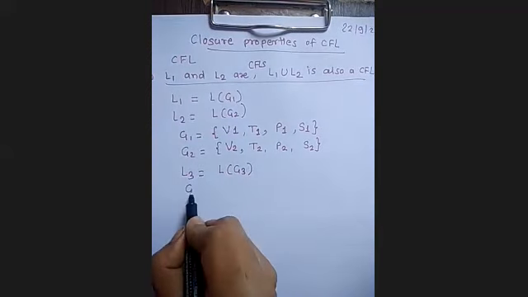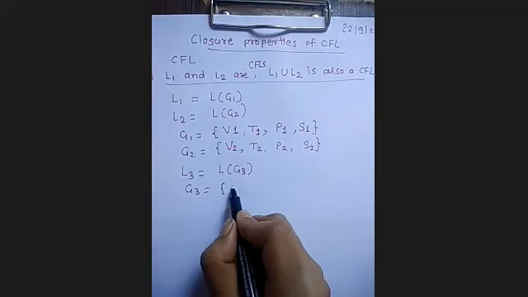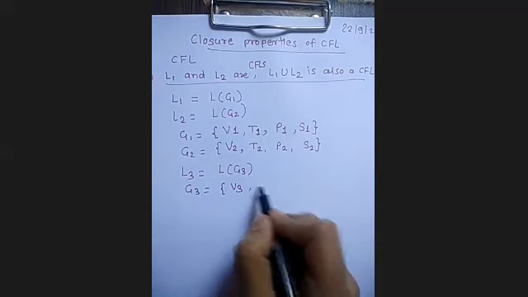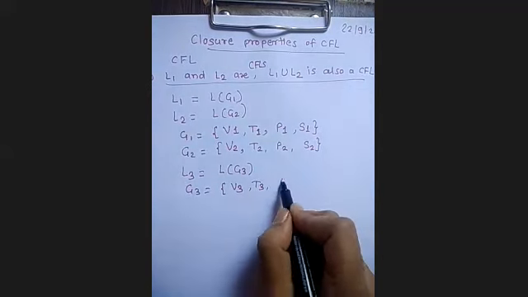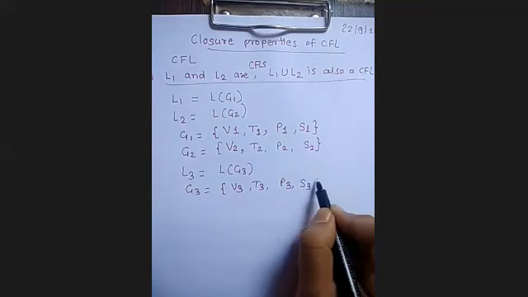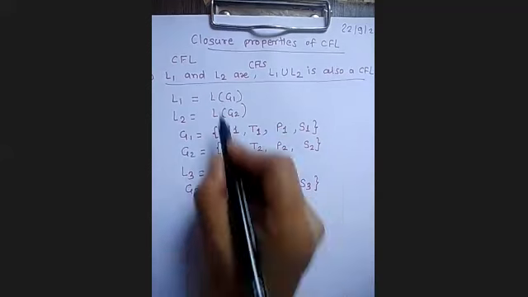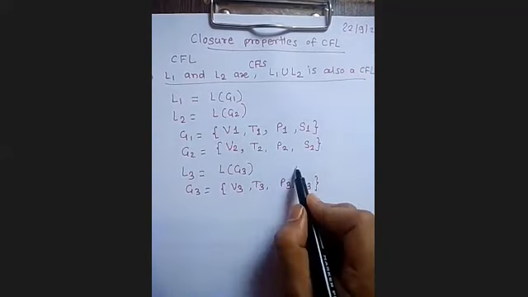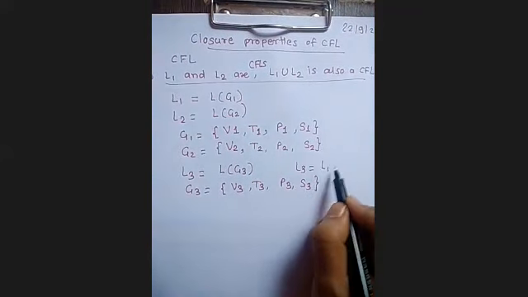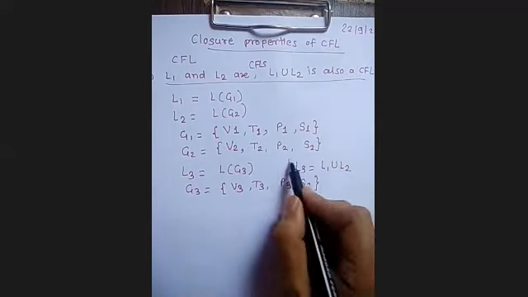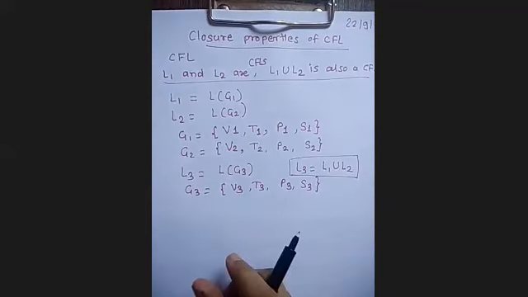Let G3 be equal to the 4 tuples V3, T3, P3 and S3. So what we want is this L3 to be the union of L1 and L2. Whenever we take L3 as the union of L1 and L2, it should be a CFL. That we have to prove.